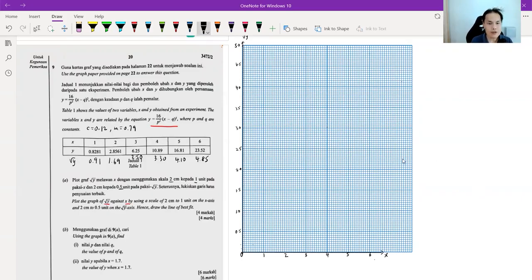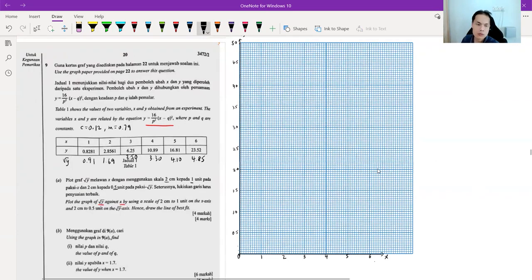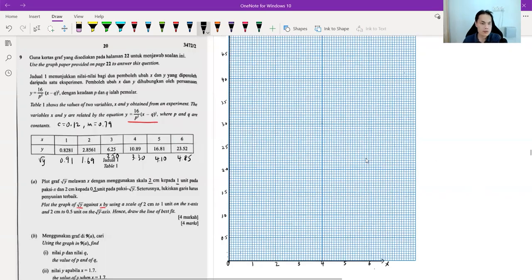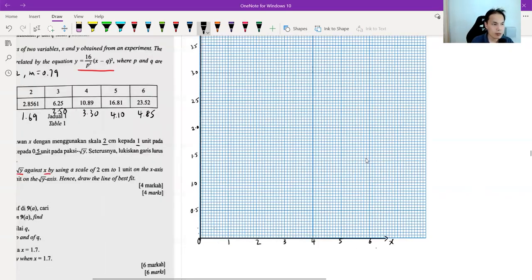Now let's plot 0.91. 0.91 should be here. Let me just zoom in a bit to see. 0.91, the first one, over here. Next, 2 is 1.69 or 1.7.